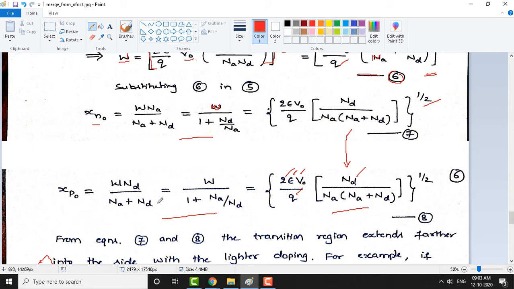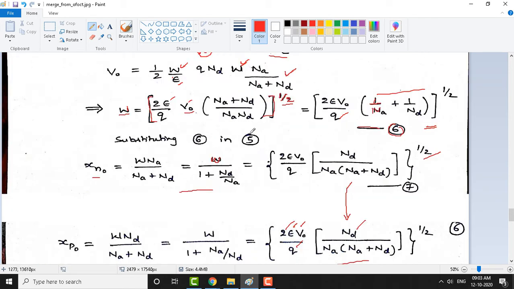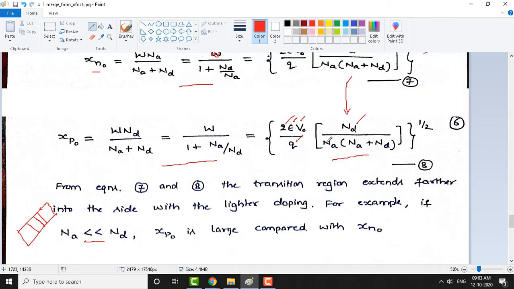This you can bring to the denominator, and you can see here we have only W in the numerator into 1 plus Na divided by Nd. Here also you can substitute the W equation which we already derived from equation 6.